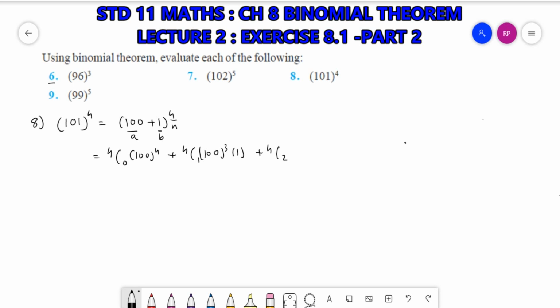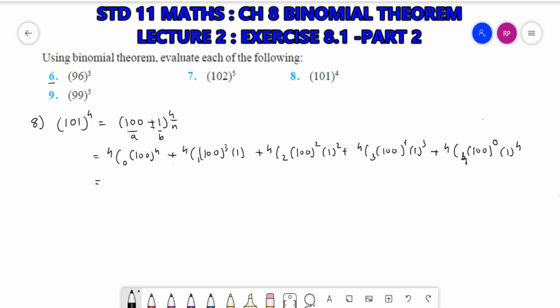Plus 4C2, 100 square, 1 square. Plus 4C3, 100 raised to 1, 1 cube, plus 4C4, raised to 0 and 1 raised to 4. Now as it is a plus sign here, everywhere we used plus.